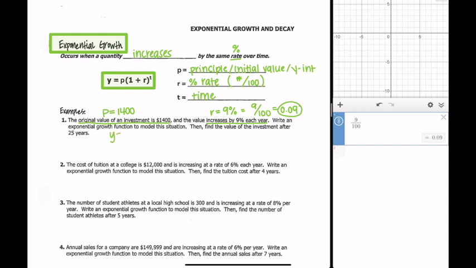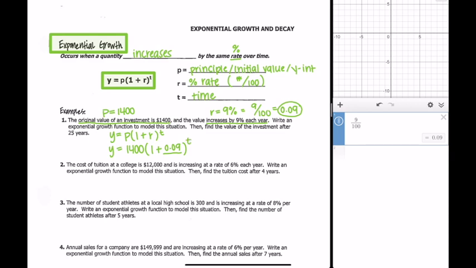In our exponential growth equation, y equals p times 1 plus r raised to t, we know the principal amount was 1,400. Our base is 1 plus our percentage rate, which was 0.09, raised to t.